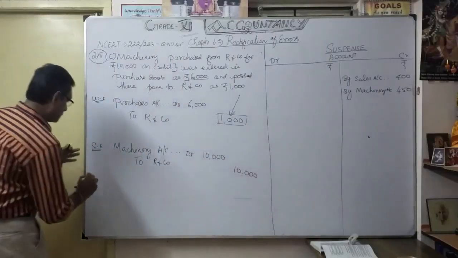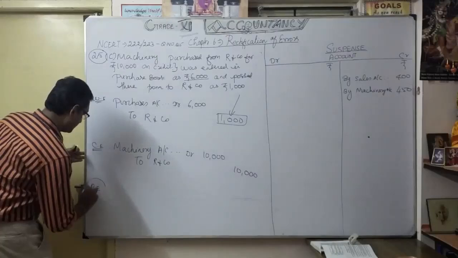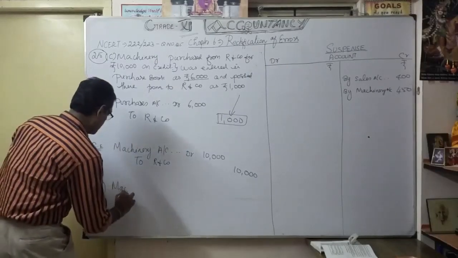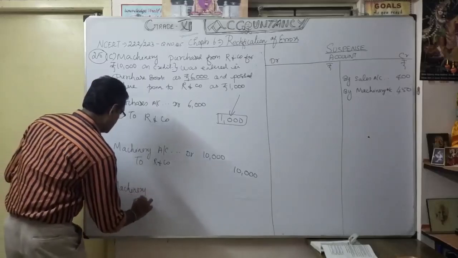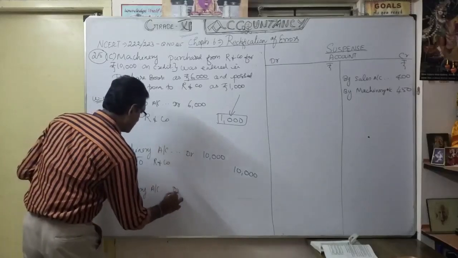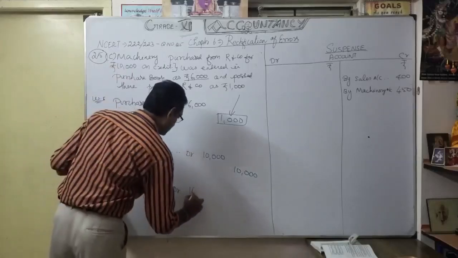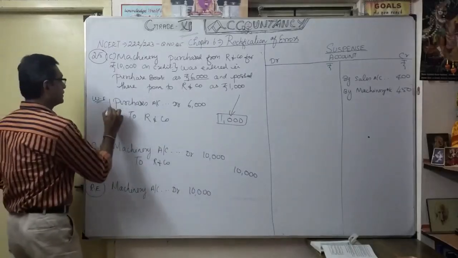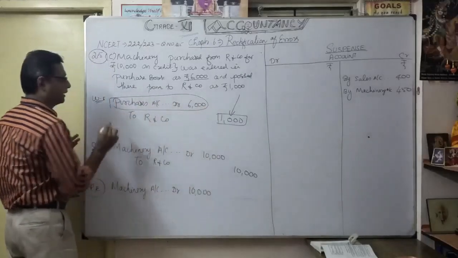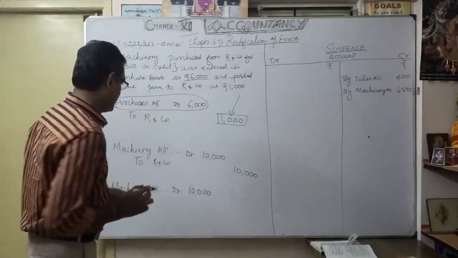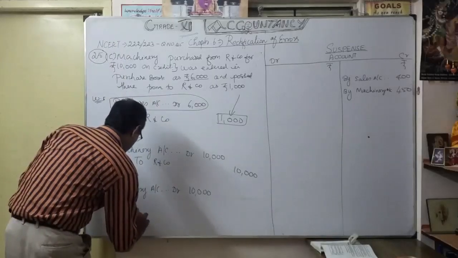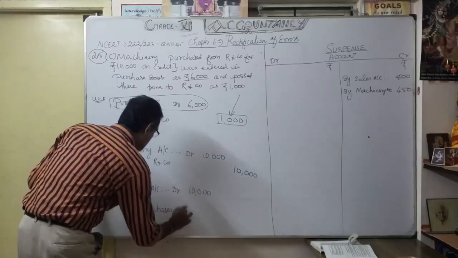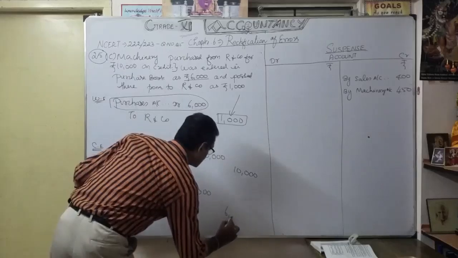Now let's see how to do the rectification entry. As you know, we are supposed to debit the machinery account, 10,000. Thereafter, the purchases account was wrongly debited, so I want to rectify that: to purchases account, I want to remove that credit side 6,000.